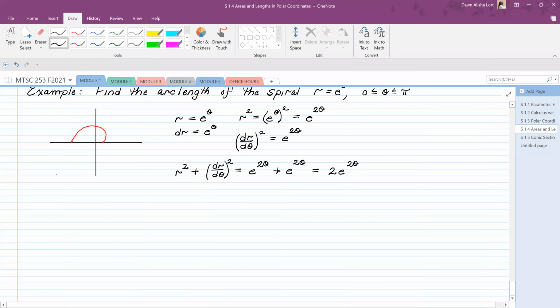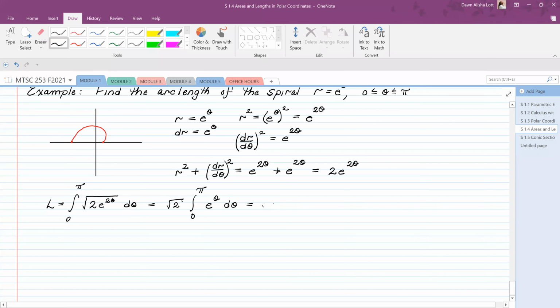So therefore the length is the integral from 0 to pi of the square root of 2e to the 2 theta, d theta. But now the square root of 2 comes out, and the square root of e to the 2 theta is just e to the theta. So that's the integral between 0 and pi of e to the theta d theta.